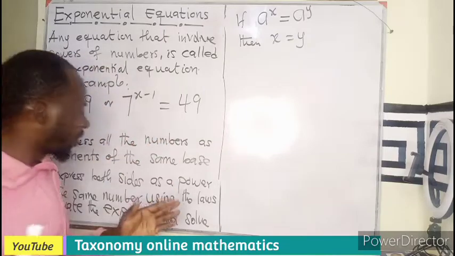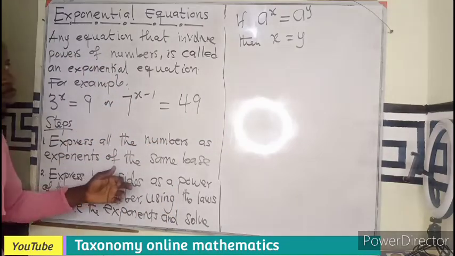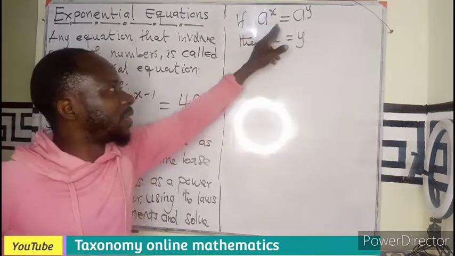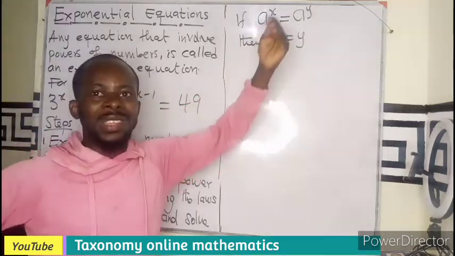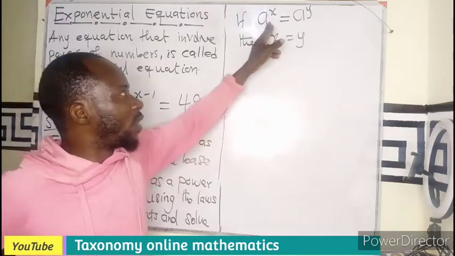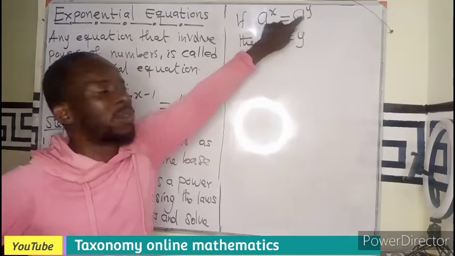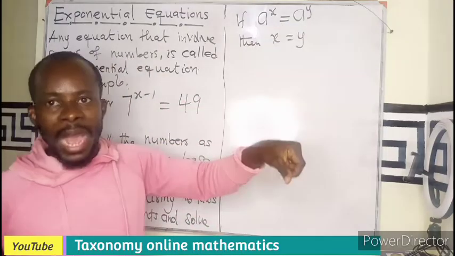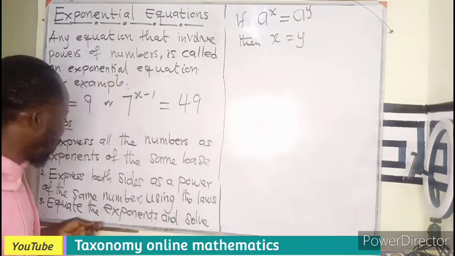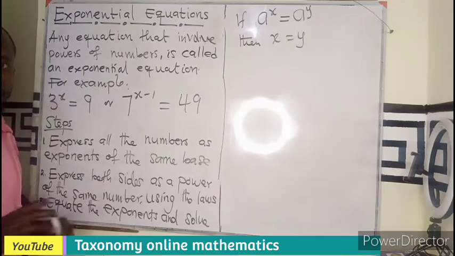After you express each of the given numbers with the same base, you are going to equate the exponents. We can say that a equals a, therefore x must also equal y. That's the meaning of equating the exponents to solve the equation.